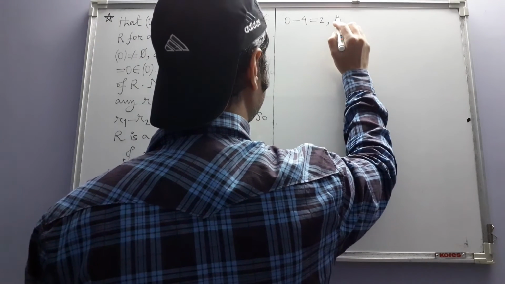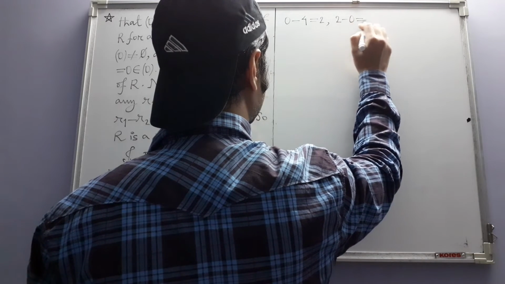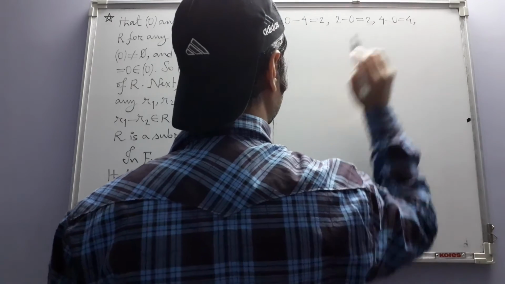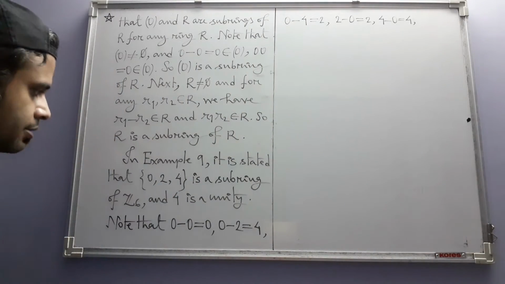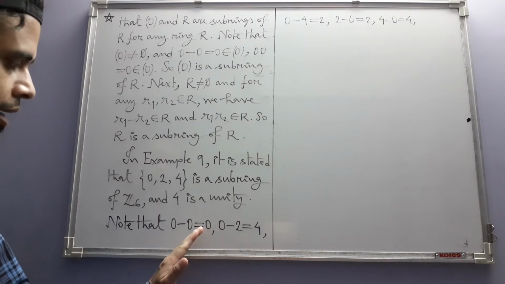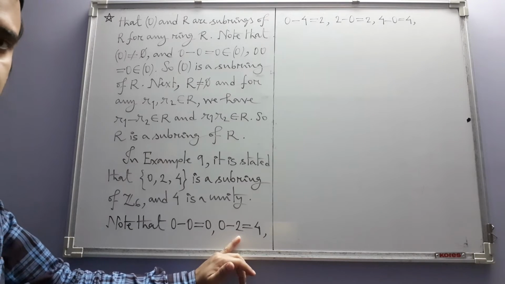Then 2 minus 0 of course is 2, 4 minus 0 is 4. So these are all the differences where at least one of the elements is 0.